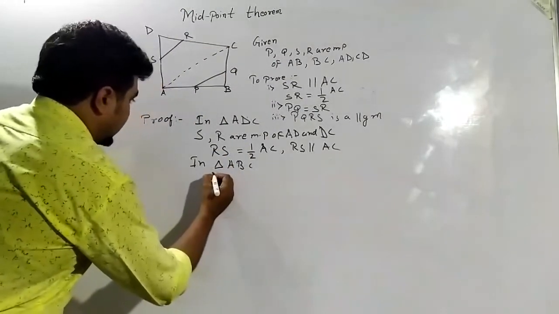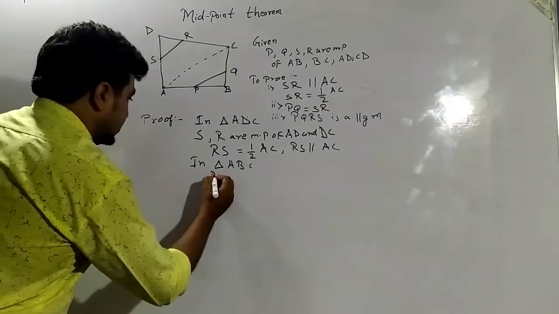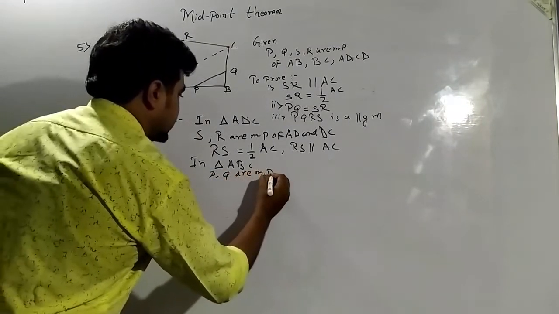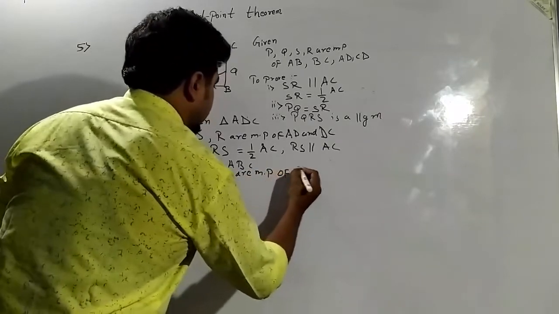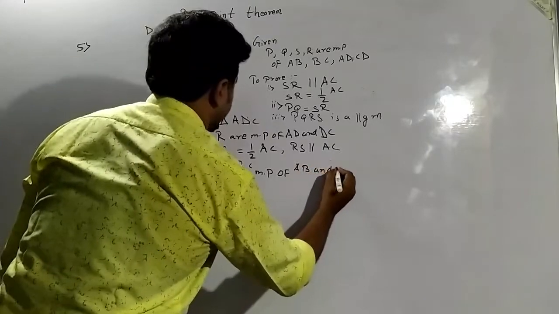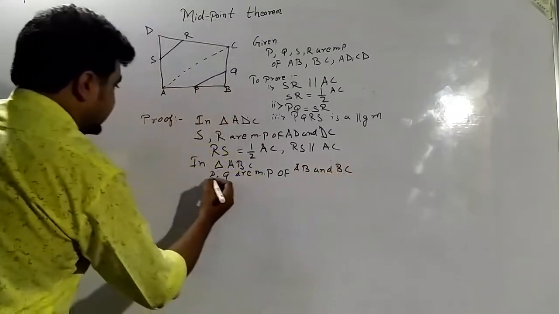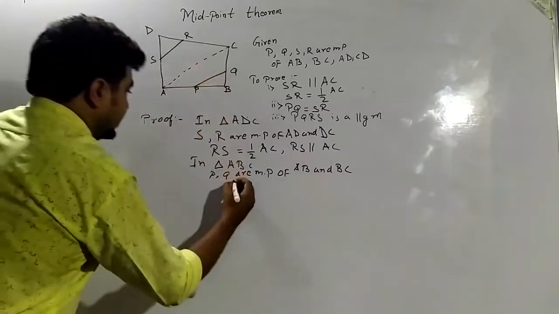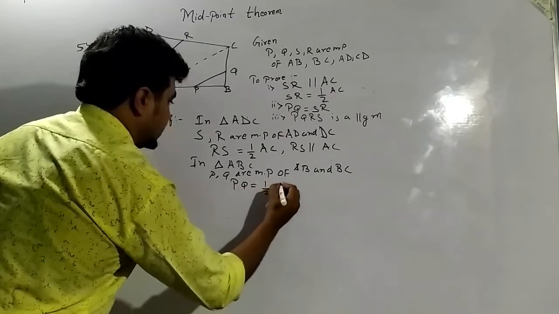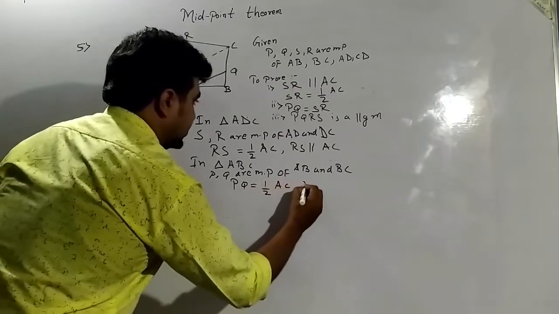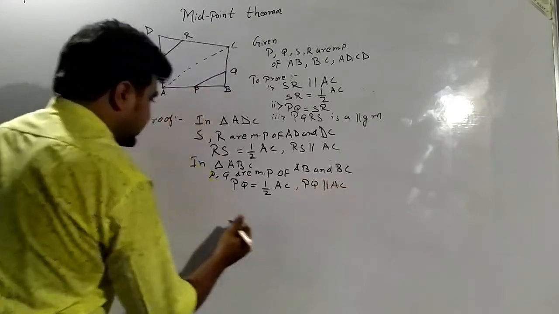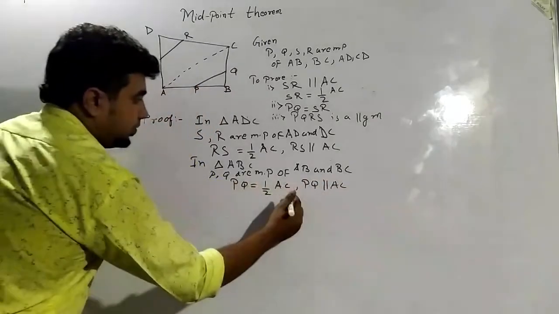means PQ will be equal to SR. So again I will be writing here that P, Q are midpoints of AB and BC. Then we are getting one statement that PQ will be half of AC and PQ will be parallel to AC.